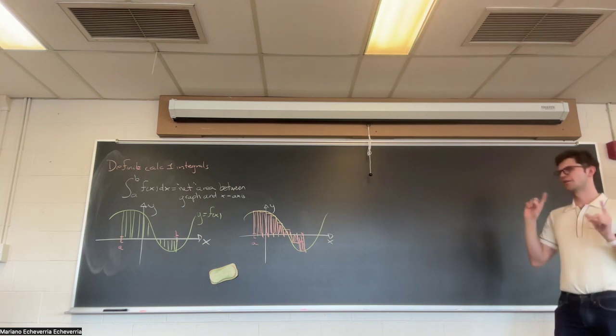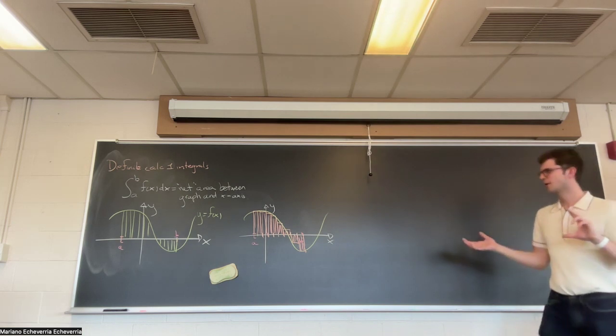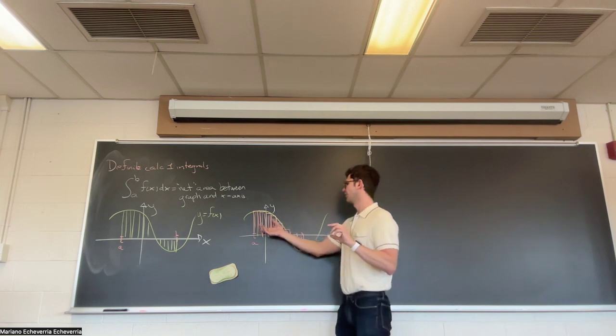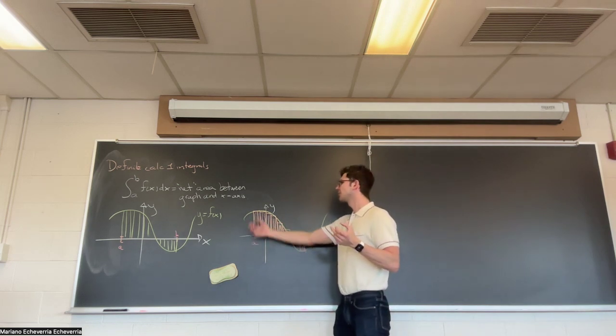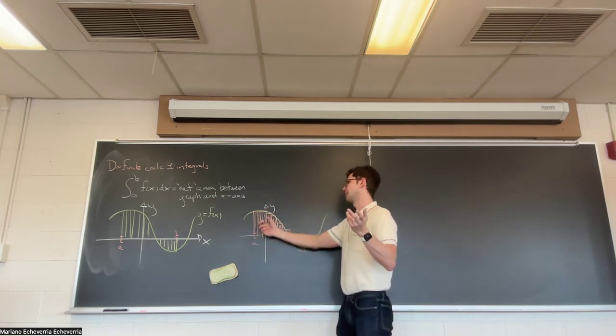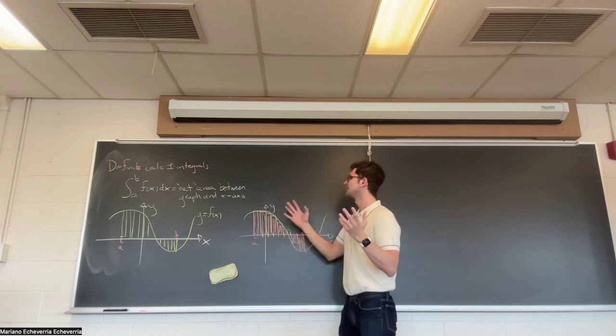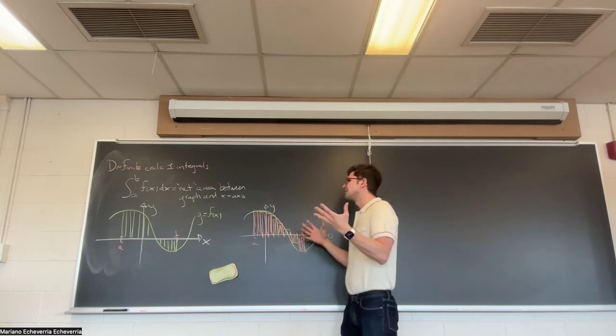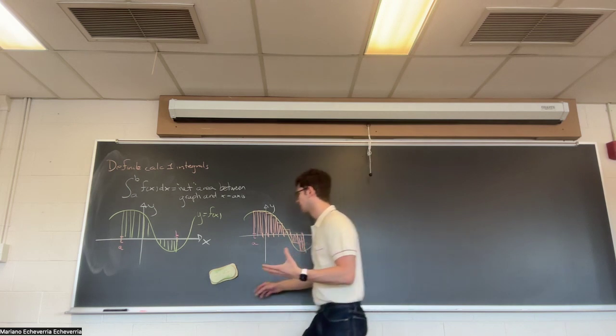The important thing for now is that if you think about it in terms of these smaller pieces, then you're adding area. So the integral is really just a way of doing a sum.